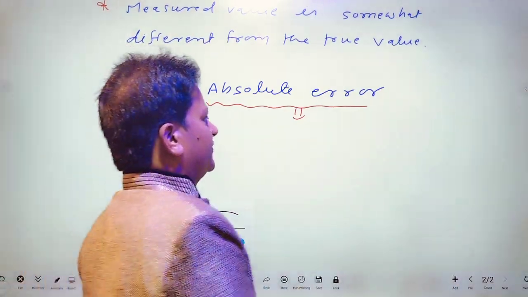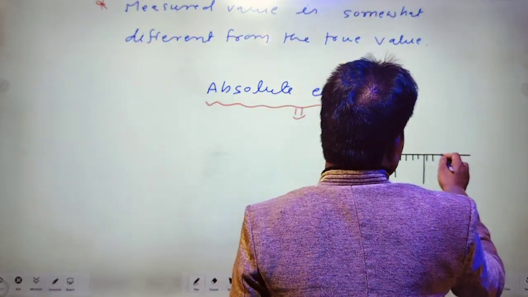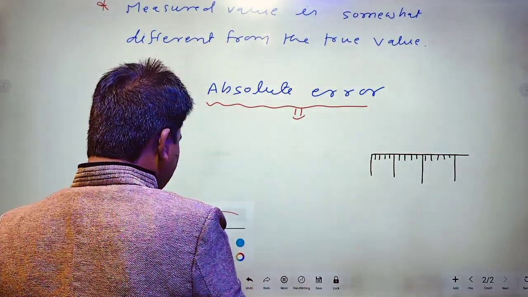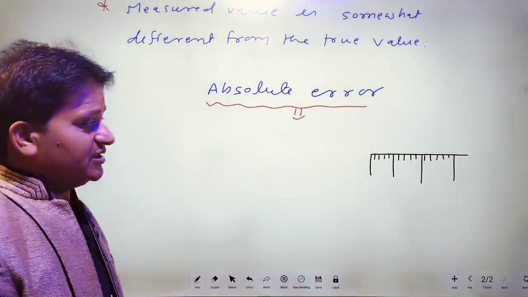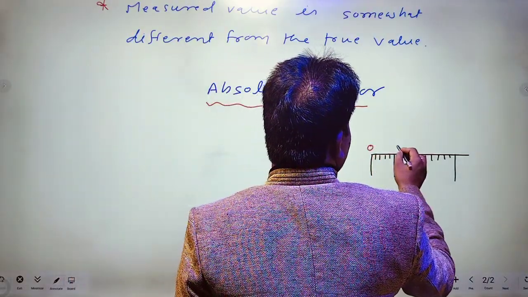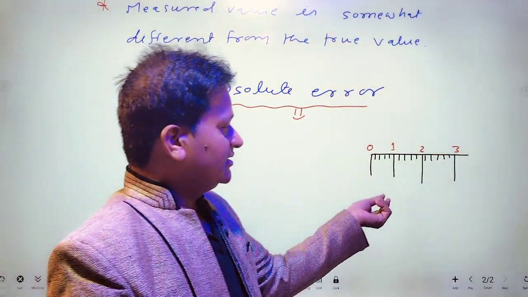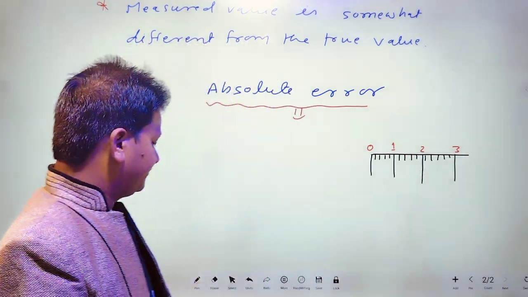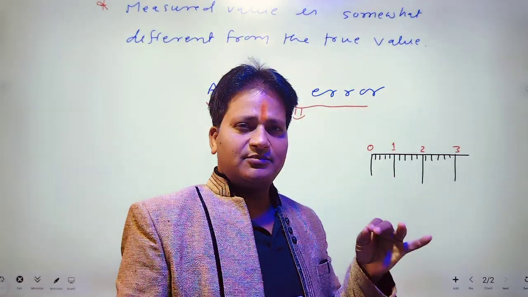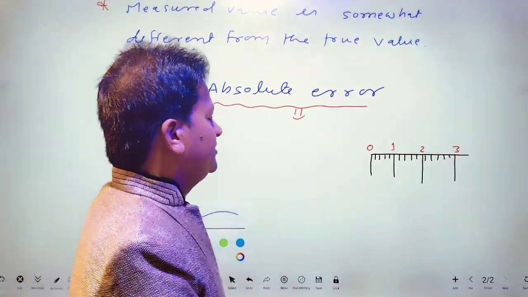Suppose that this is a scale, and I am going to measure the length of this pen with the help of this scale. This is 0, this is 1, this is 2, this is 3. This scale is in centimeter and the smallest division is in millimeter. Now I am going to measure the length of this pen.